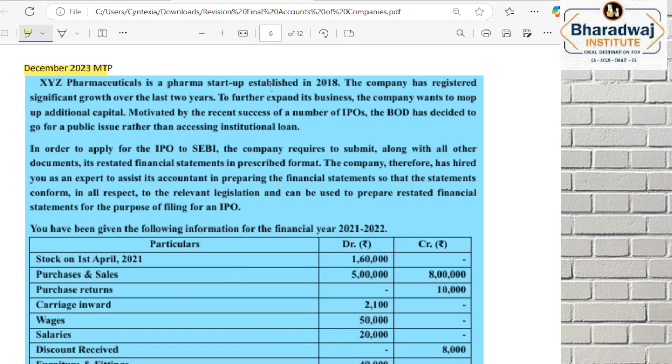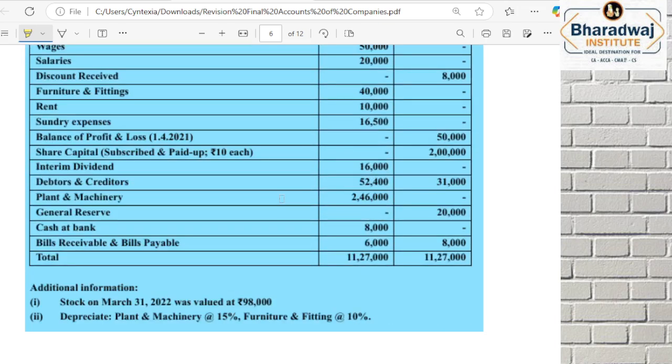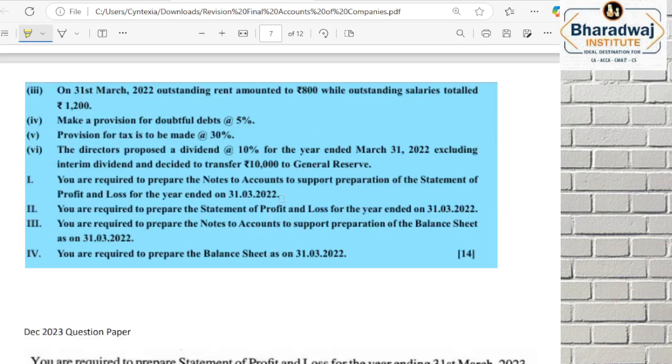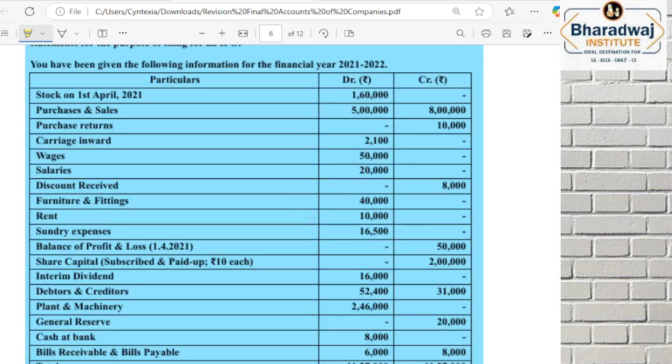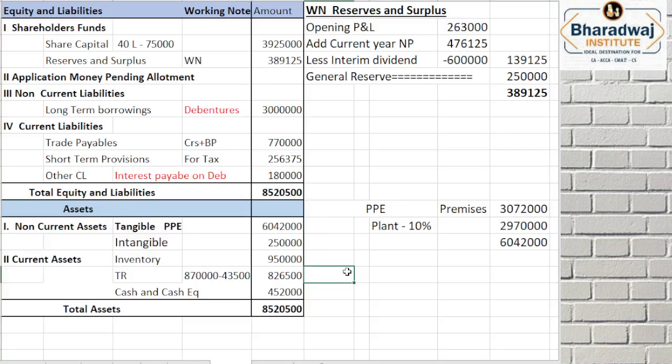They have given something like an IPO in front, that is just information for you. Everything below that is, of course, financial items relevant for preparing P&L account. Try to complete P&L account. To read the question you can take 2-3 minutes. To solve P&L account you can take around 5 minutes of time.